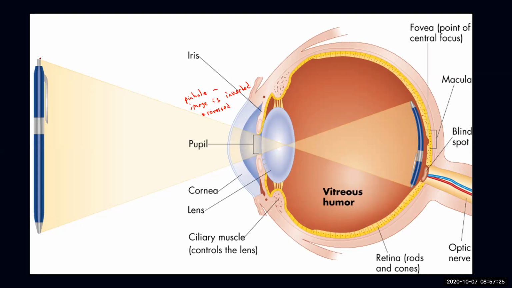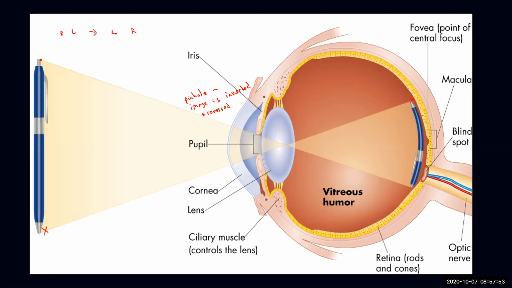So if we have light from the top of the pen, as it passes through, it's actually going to get inverted and it will hit the lower part, the bottom of the retina. If we look at the bottom of the pen here, that will then be the top. It's not shown here, but right and left also get reversed.